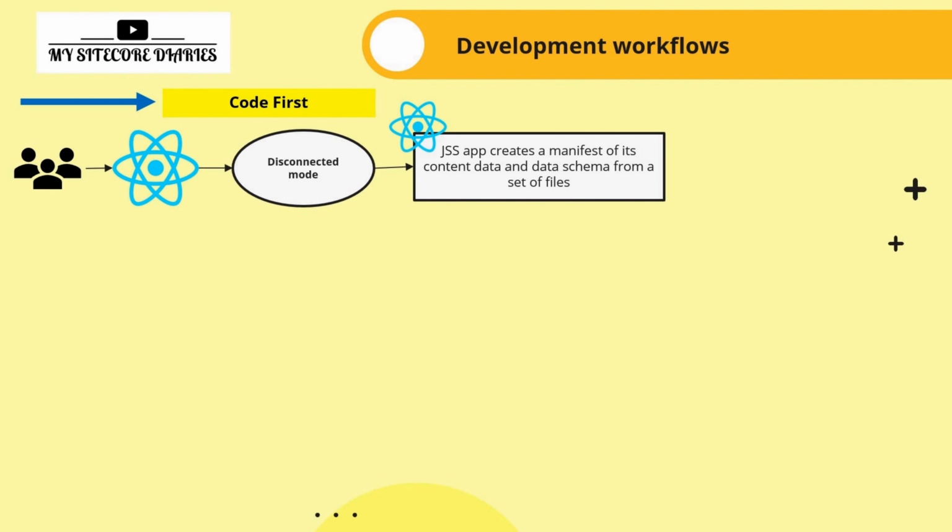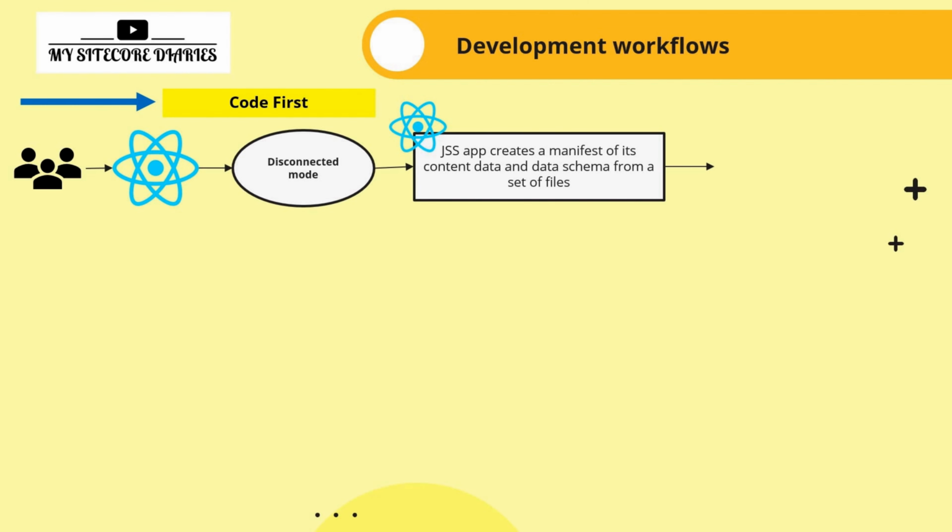So without connecting to the Sitecore JSS app, you can create the React app using the JSS commands, and the JSS app creates a manifest of its content data schema for a set of files. So it basically creates complete proxy files to run your application without Sitecore.